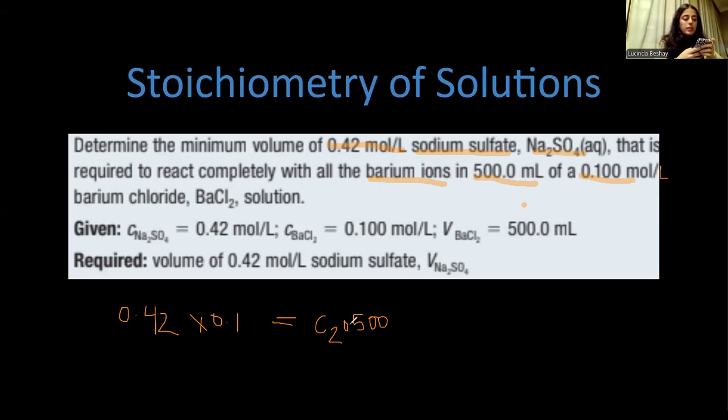So that's going to be 0.42 times 0.1 divided by 0.5. That's going to be C2 is equal to 0.084. And what's the unit? It's moles per liter, which is also big M.